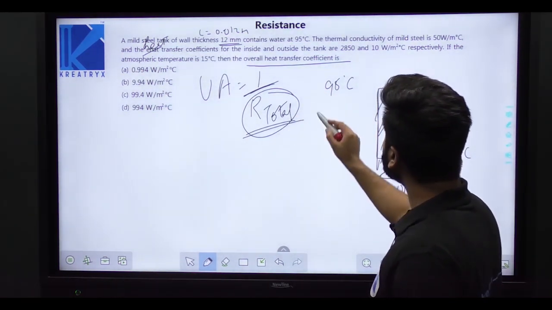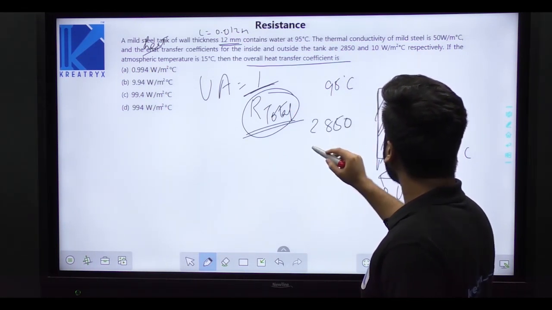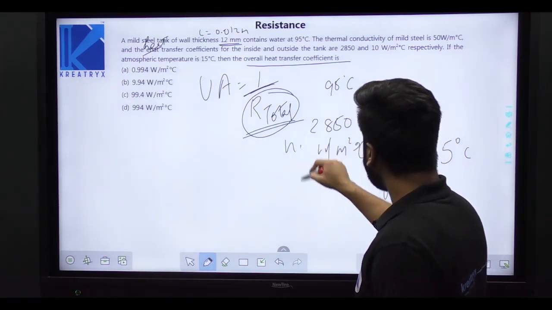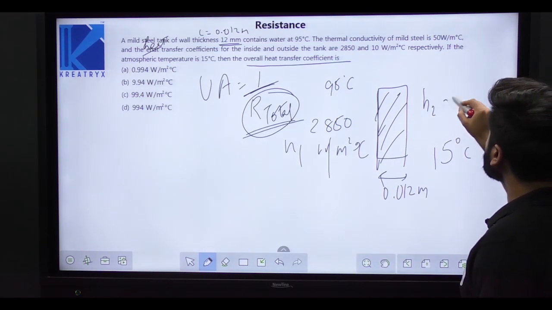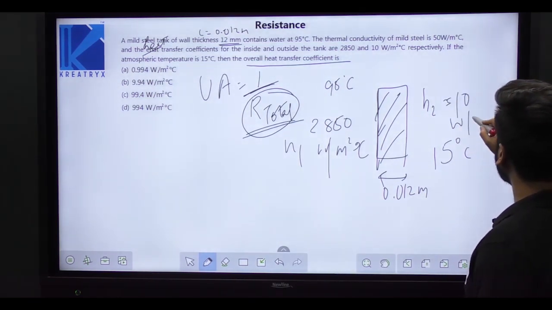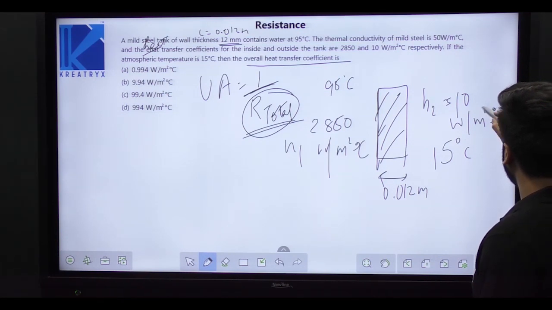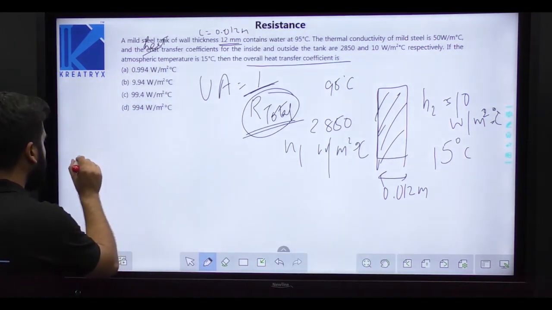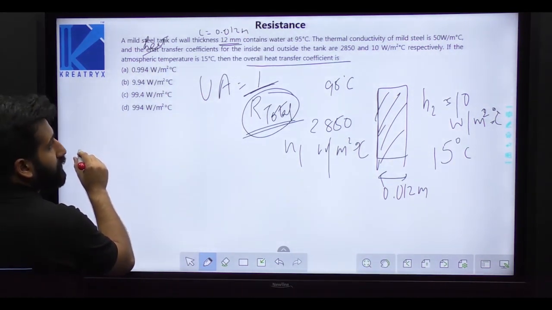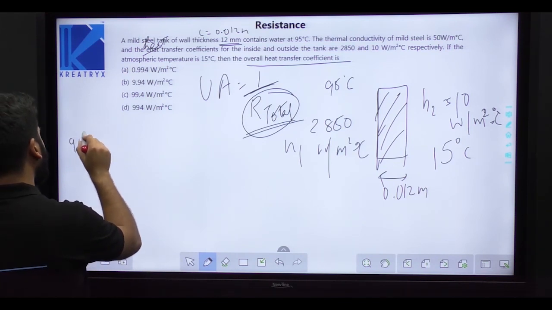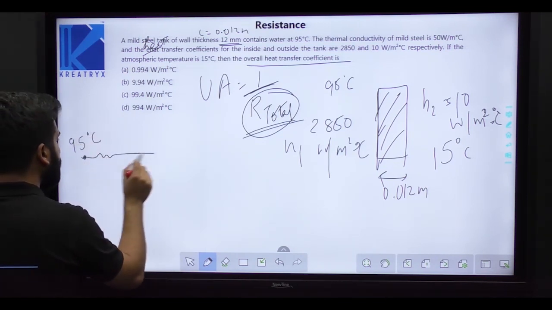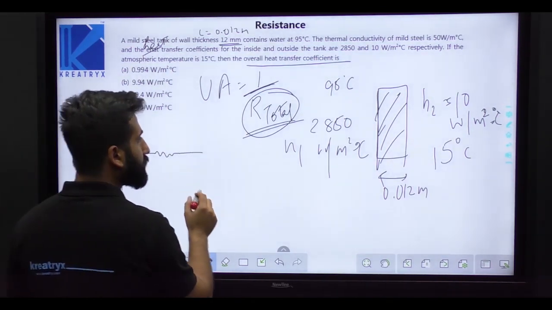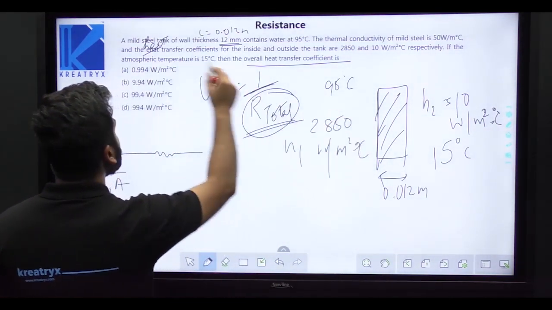The heat transfer coefficient for the inside is 2850 watt per meter square degree Celsius. Let this be H1, and for outside it is H2, and the value is equal to 10 watt per meter square degree Celsius. Okay. Now you can draw the resistance circuit diagram. This temperature is 95 degrees Celsius. Convective resistance, which is 1 by H1A, and the conductive resistance by this steel wall.